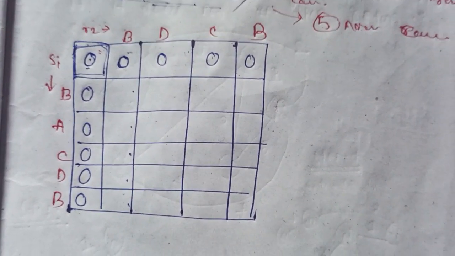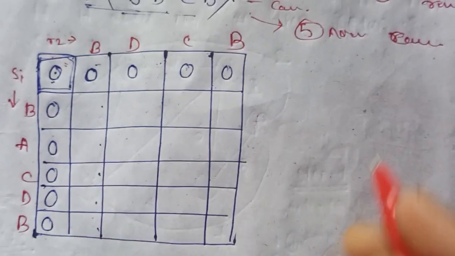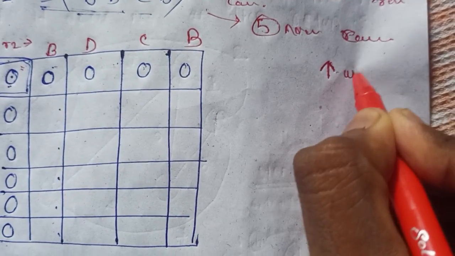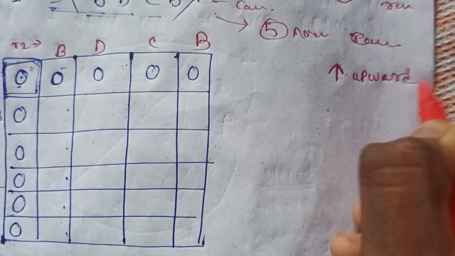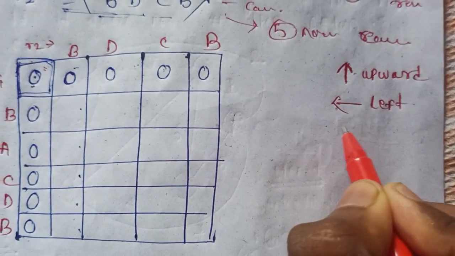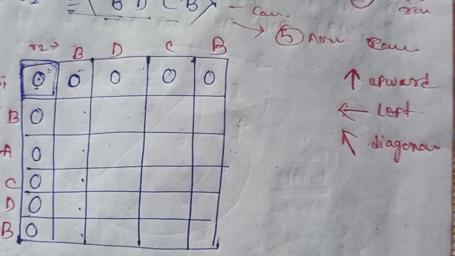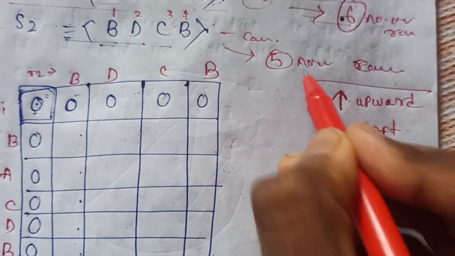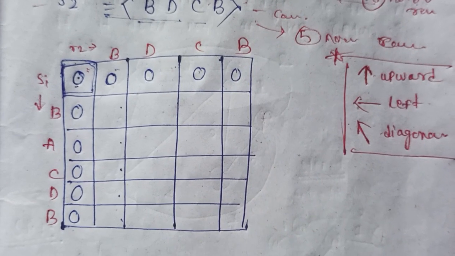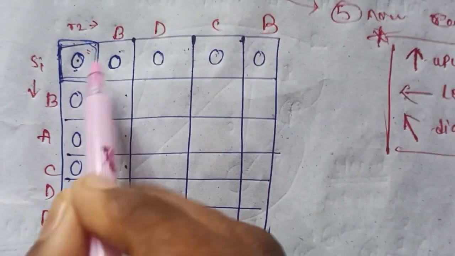Then step number 2 is very important. Before going to step number 2, we have to remember three arrow marks: one is the upward arrow, another is the left arrow, and this is the diagonal arrow. It is very important, so first we have to remember these arrow marks and when we use them, so you do not get confused.